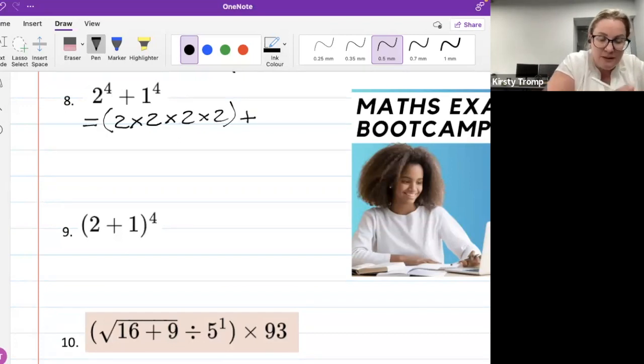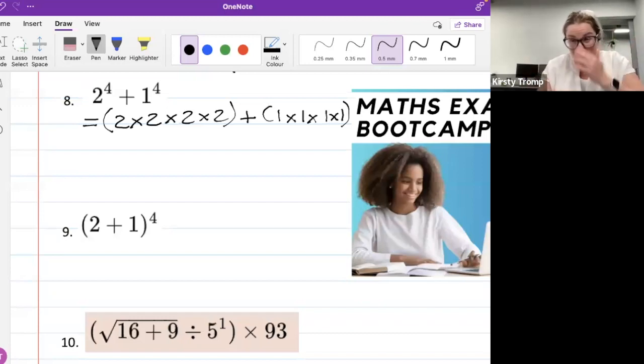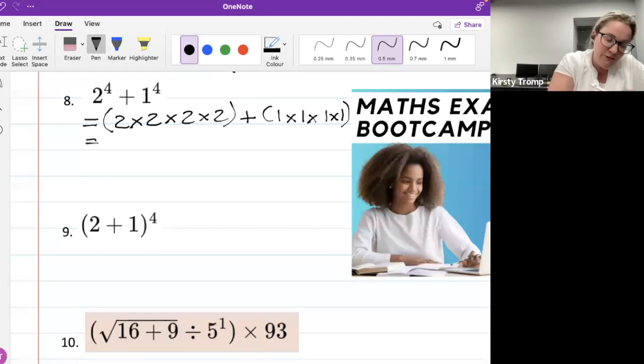Plus, if I've got 1 to the power of 4, it's the same thing as saying 1 times 1 times 1 times 1. Okay, so all I've done now is I've taken those numbers and I've broken them down for you a little bit more. That's all, right? So if I do 2 times 2 times 2 times 2, 2 times 2 is 4, times another 2 is 8, times another 2 is 16.